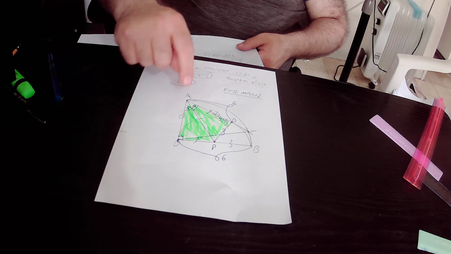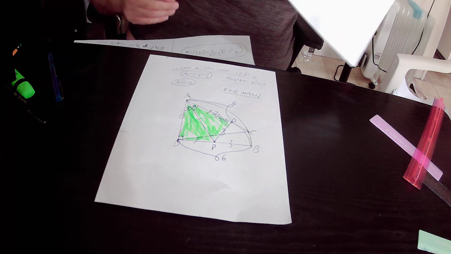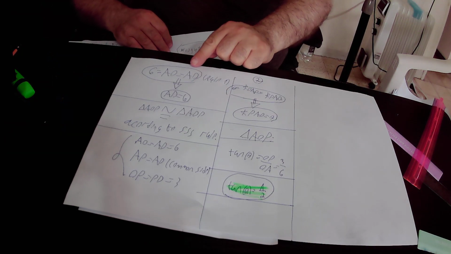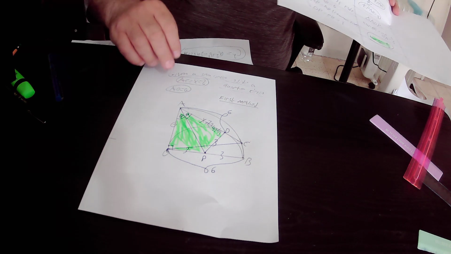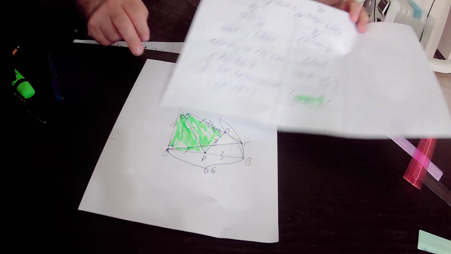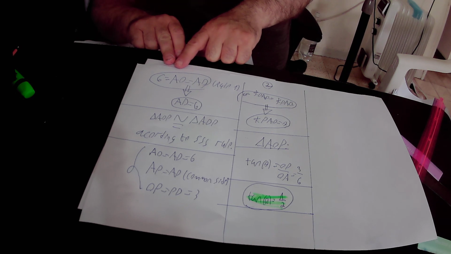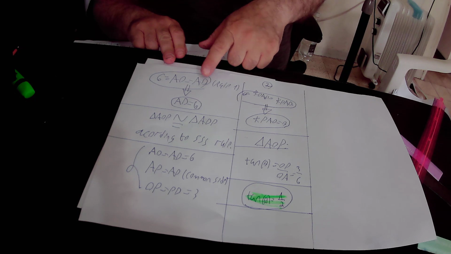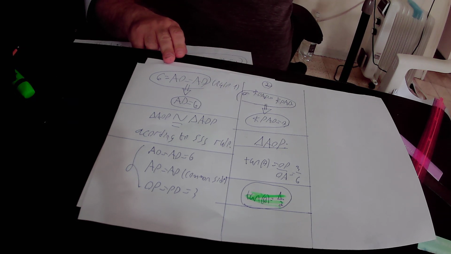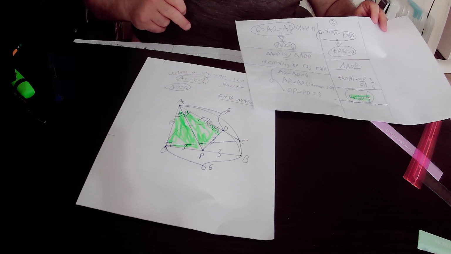In this case, AO must be equal to AD. But it is given in the question that AO equals 6 units. So from the equation 6 equals AO equals AD, we derive that AD is also equal to 6 units.